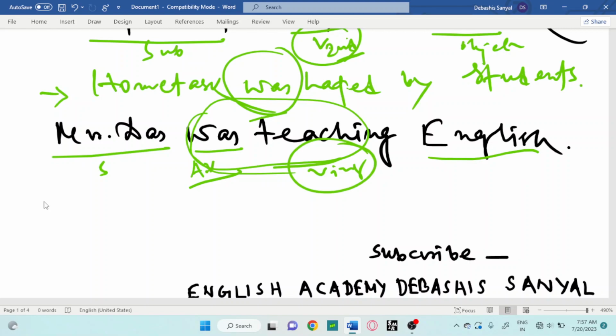If the sentence is given in past continuous, then we have to use was being or were being, based on the subject, number and person.